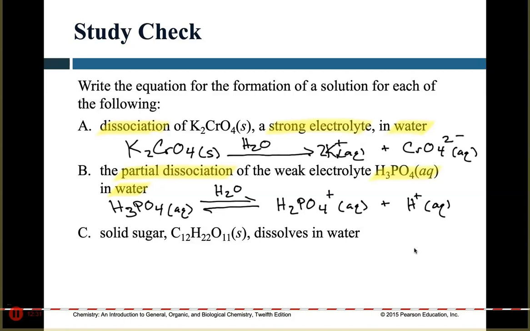And then the last one is saying we have a solid of sugar dissolving in water. I have no other indication that it's a strong electrolyte, so I'm going to make the reasonable assumption that it dissolves in water, but it's not strong. So I will start with what I'm given. There's my sugar.